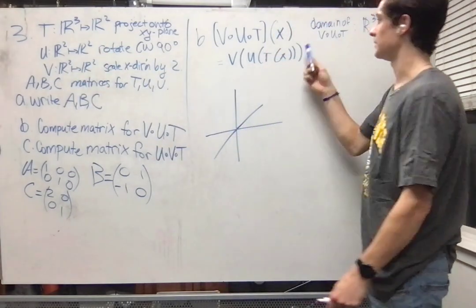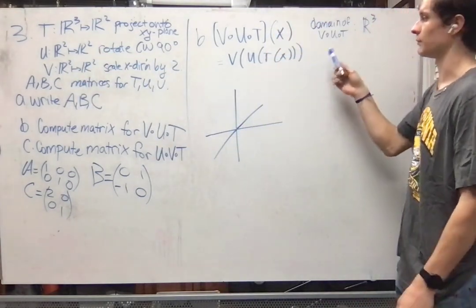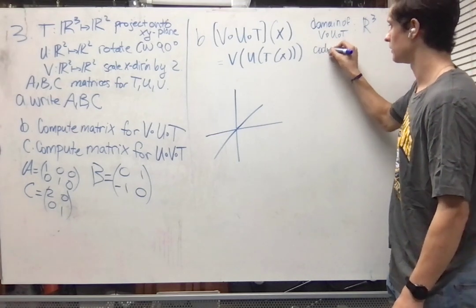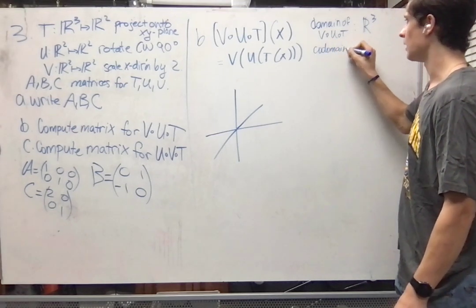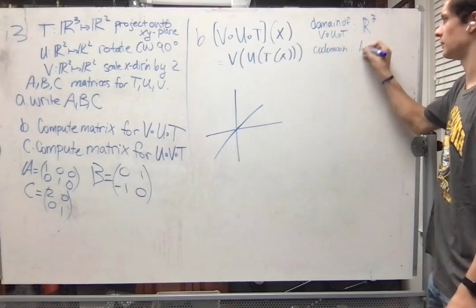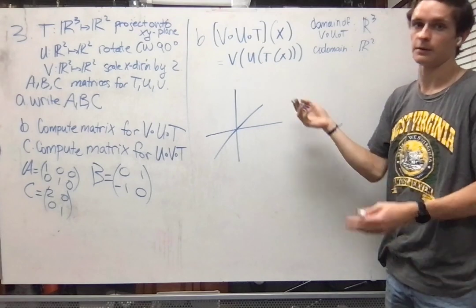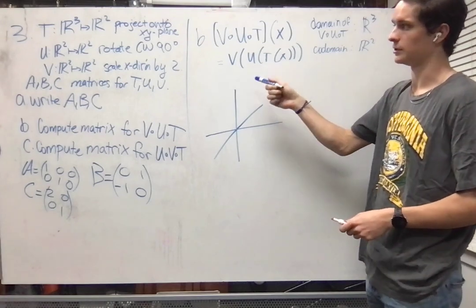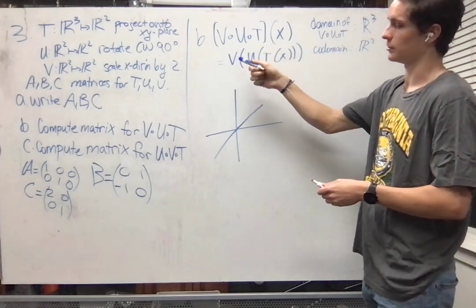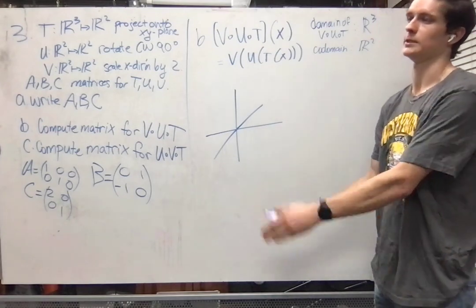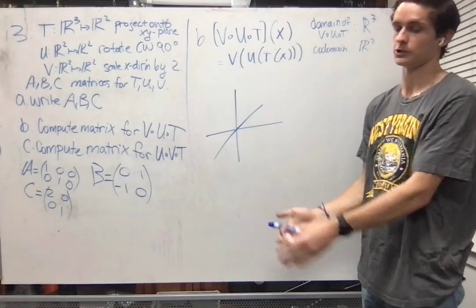And then U happens, and then V happens, and those both go from R2 to R2. So the codomain of this composition function is going to be R2. So overall, this composition function goes from R3 to R2. That makes sense because T goes from R3 to R2, then U goes from R2 to R2, and then V goes from R2 to R2. So if we track that overall process, it goes from R3 to R2.